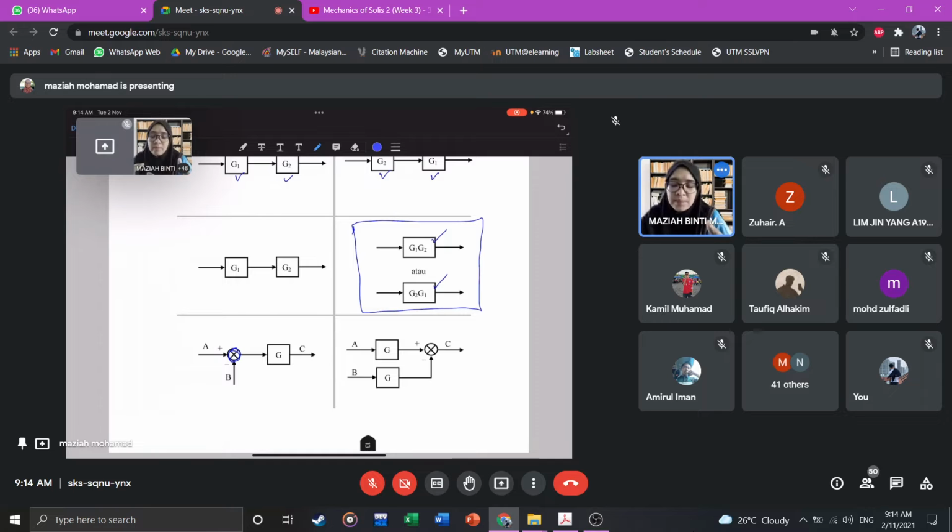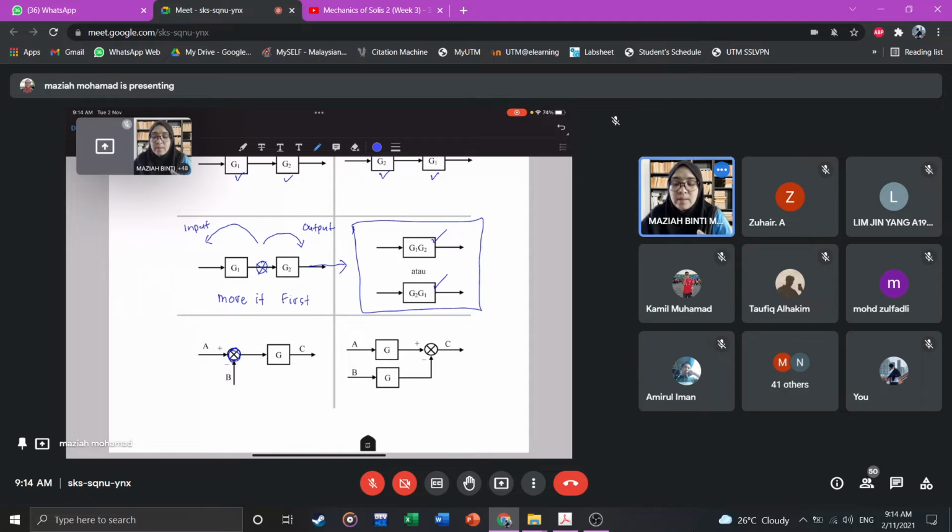For example, if there is a summation point here, we cannot multiply it. We will need to move it first. So the choice is either you move the summation point toward the output, because we consider this side is output, or you move toward the input.